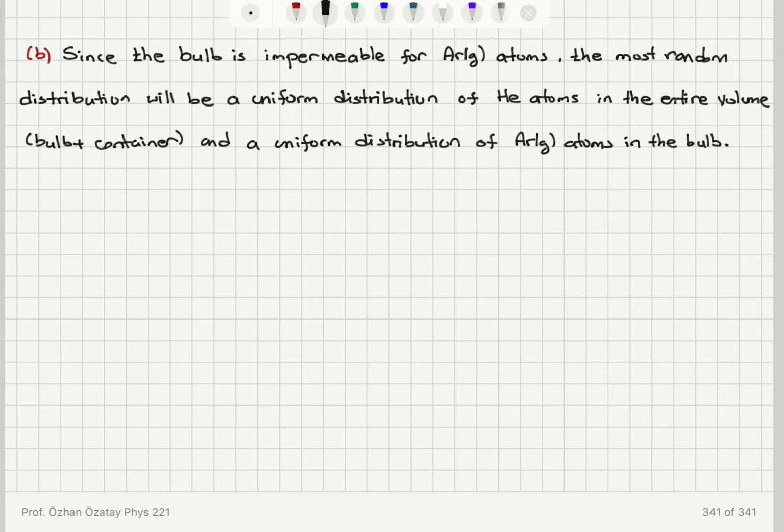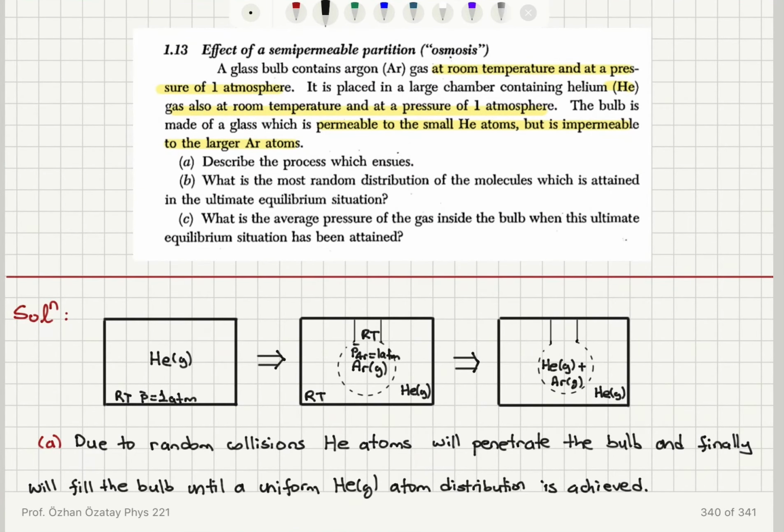Because the argon atoms were not allowed to diffuse into the rest of the environment in the container, since the glass is impermeable to argon.